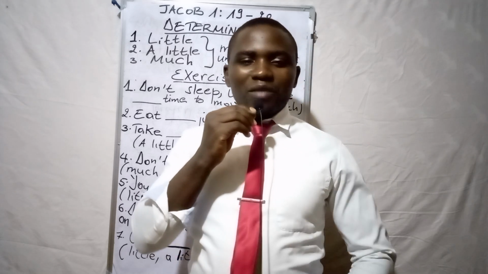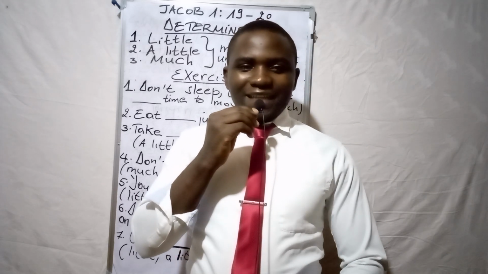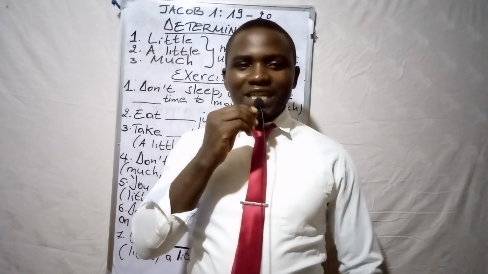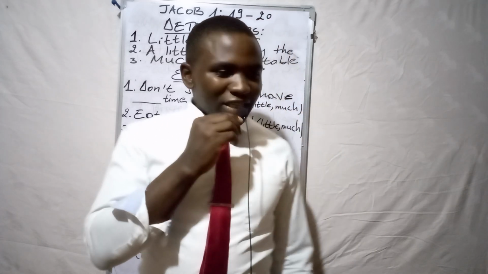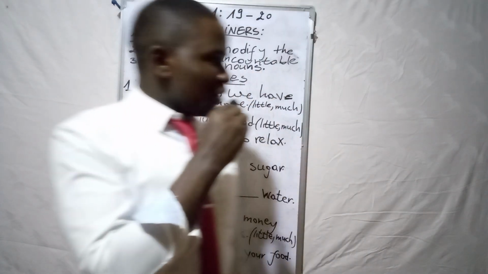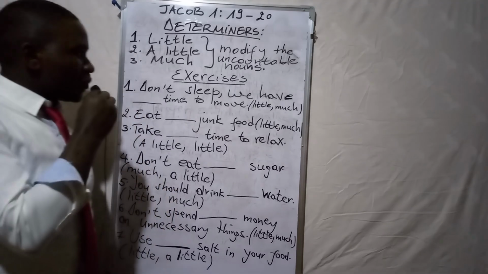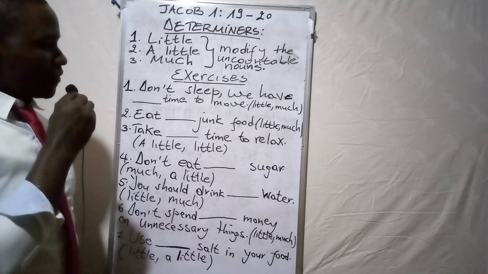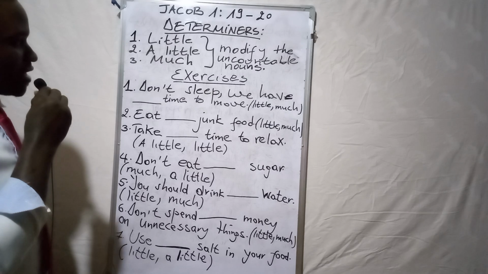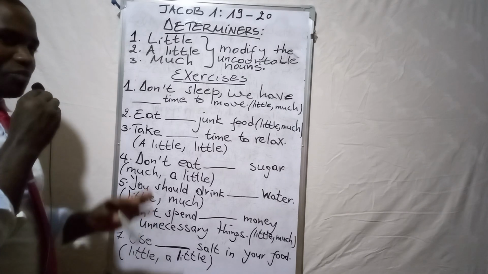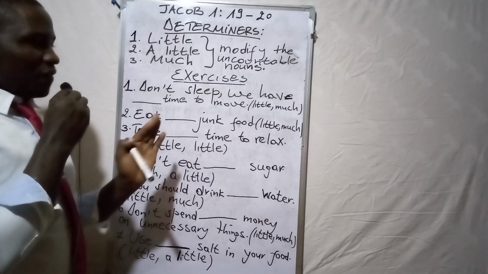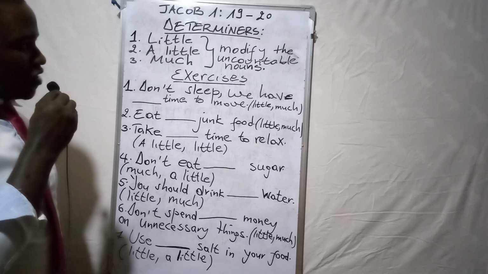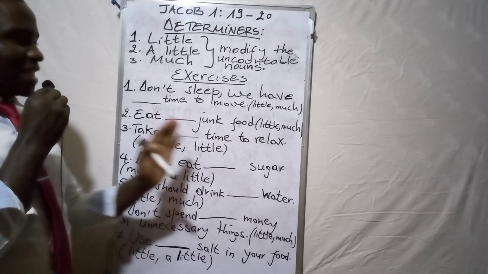It's a lesson about determiners. Repeat after me: determiners. Determiners are a very important lesson in English, and we should distinguish them from other lessons, but sometimes people are confused about differentiating.